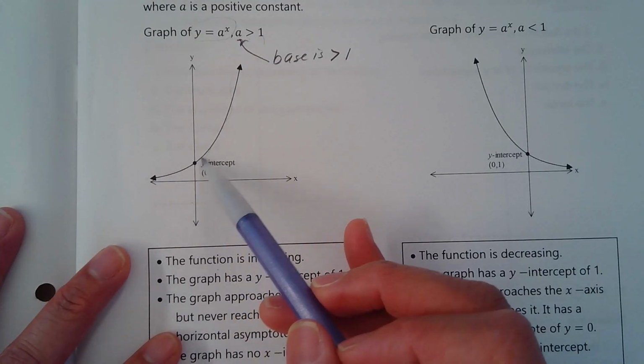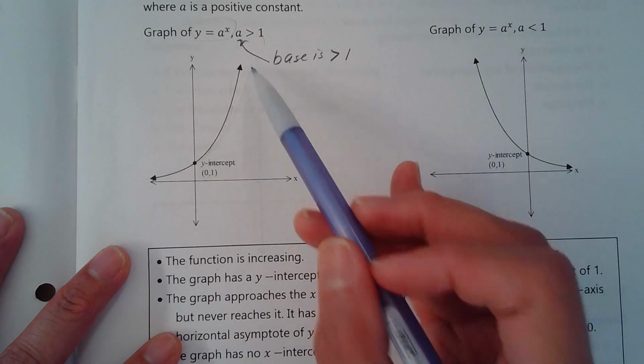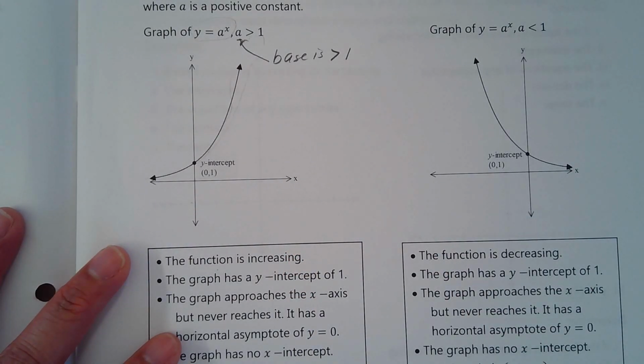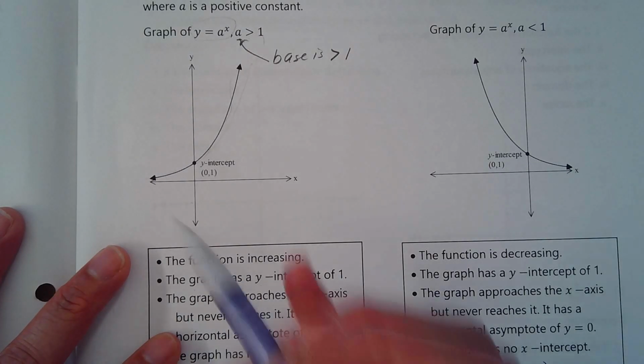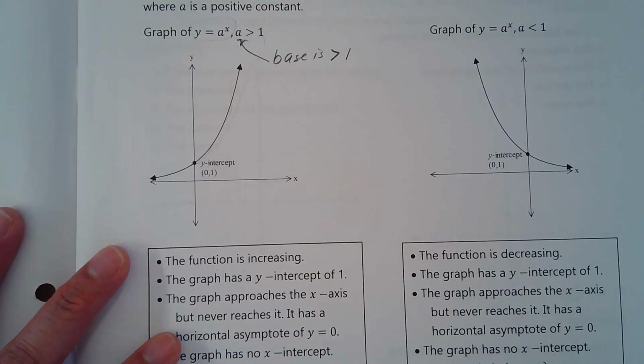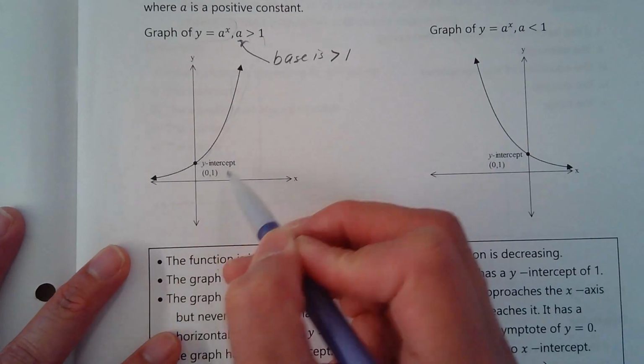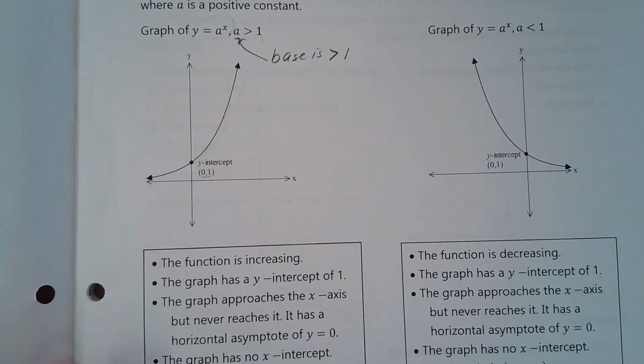It's going to increase to the right. Okay, that's what it means, it's increasing. The graph has a y-intercept of 1, and we saw that too. So the y-intercept is here, it's (0, 1).